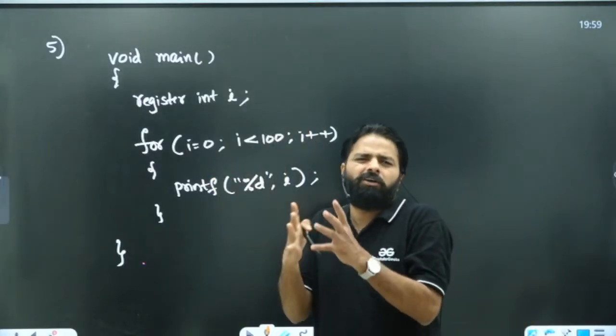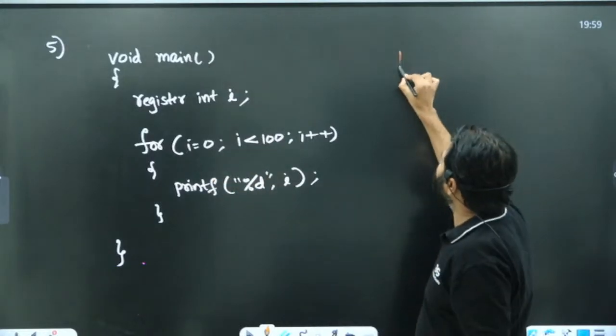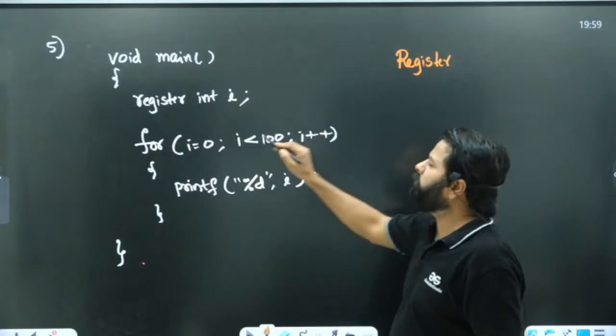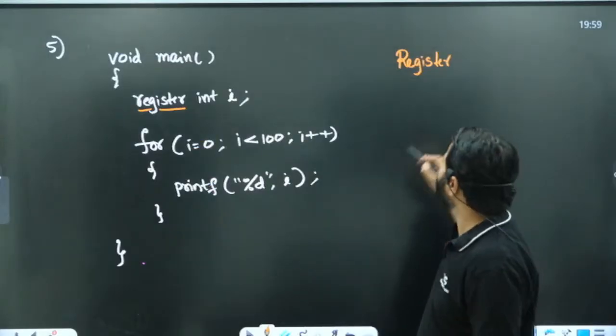If the registers are not free, definitely this I is allotted on the stack again. So a register variable is almost the same as an auto variable, but you have to use the keyword. If you don't use the keyword, that is by default auto int.